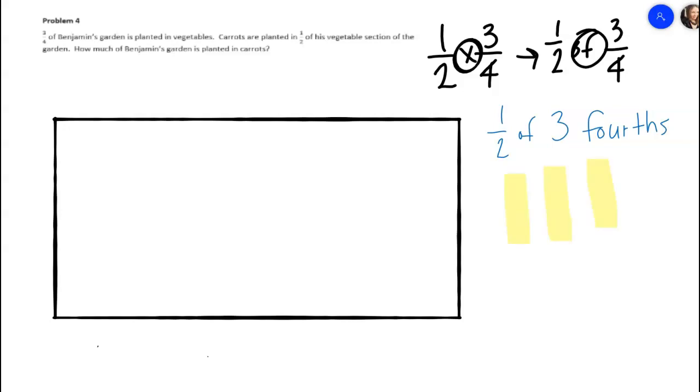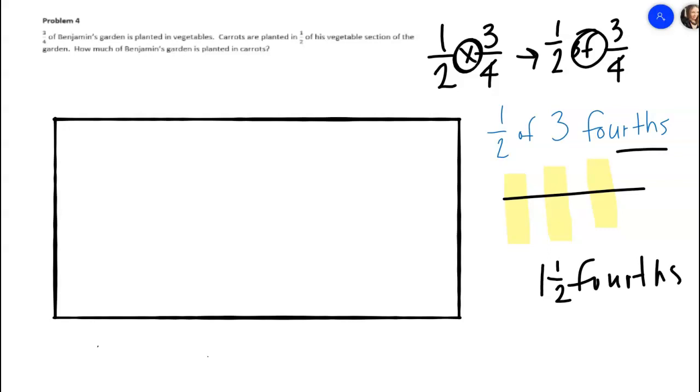This one's a little more tricky because if I'm looking for what is 1/2 of 3 and I split it in half like I did with the bananas, then what I end up getting is 1 1/2 fourths. So that doesn't really feel very comfortable.